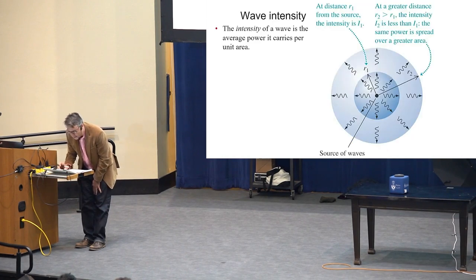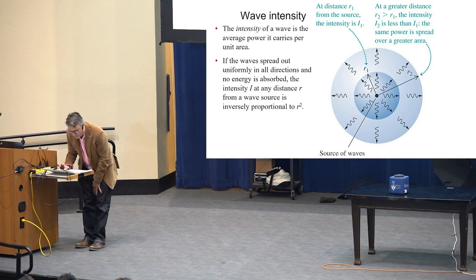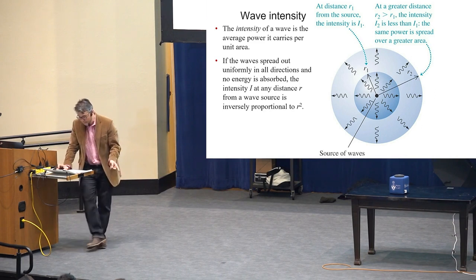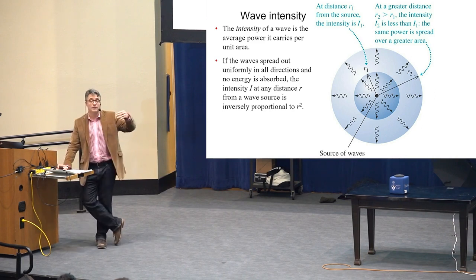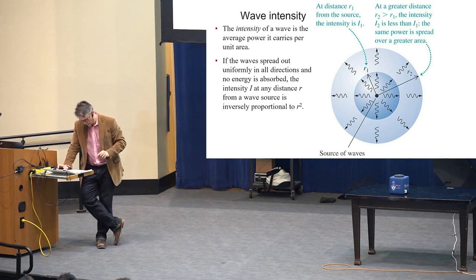The intensity of a wave is the average power it carries per unit area. If the wave spreads out uniformly in all directions and no energy is absorbed, then the intensity at some distance r from the source decreases as 1 over r squared. Inversely proportional.